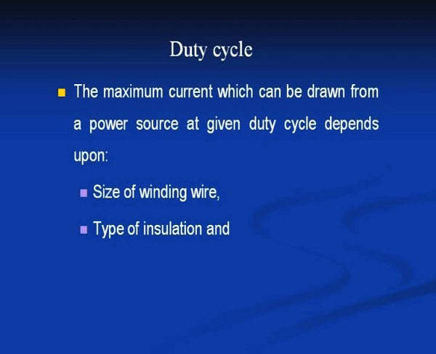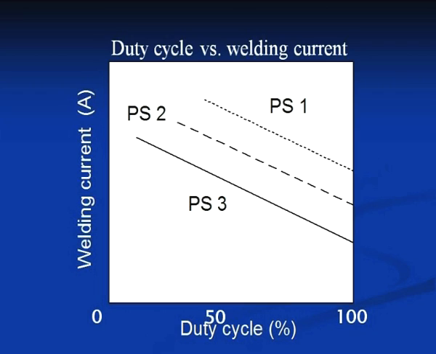Then the type of insulation: better quality insulations will be able to withstand higher temperature, and thus increase the ability to withstand even when higher current is drawn at a particular duty cycle. And the cooling system of the power source: more effective cooling systems allow the withdrawing of greater welding current at a given duty cycle.